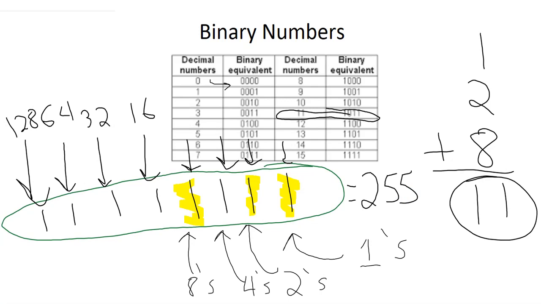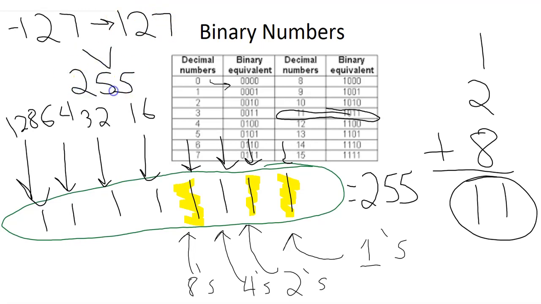Now, that number may not sound familiar, but we have used it. From negative 127 all the way to positive 127, which is a possibility of 255 different numbers with our VEX motors.